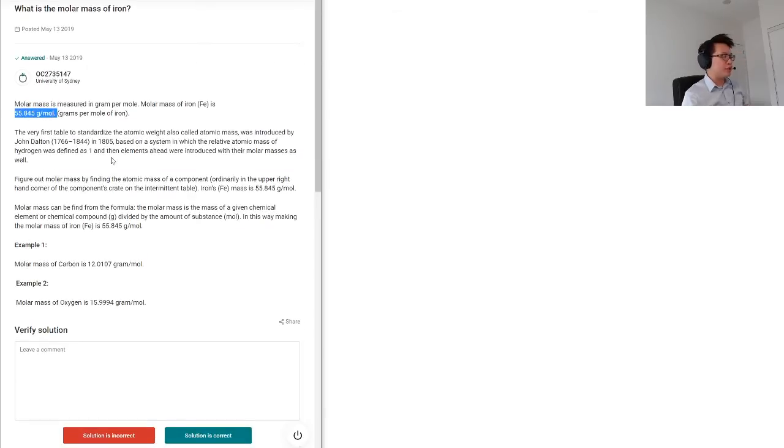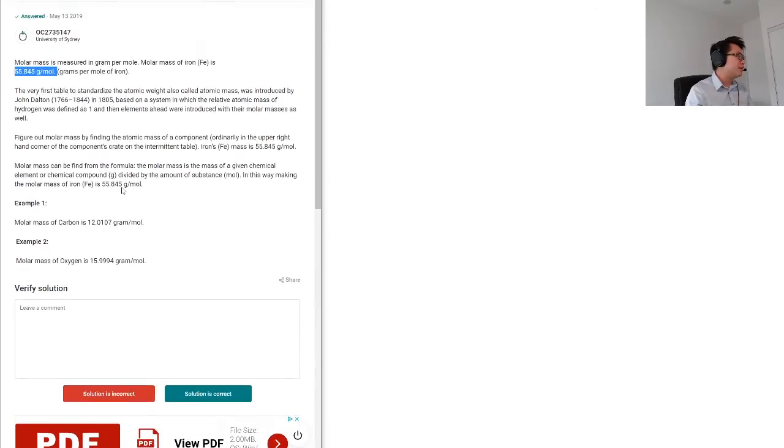So we are looking for the molar mass of iron. You can use Google, or you can look at your textbook from the periodic table. You can find the corresponding molar mass for iron or for different elements.